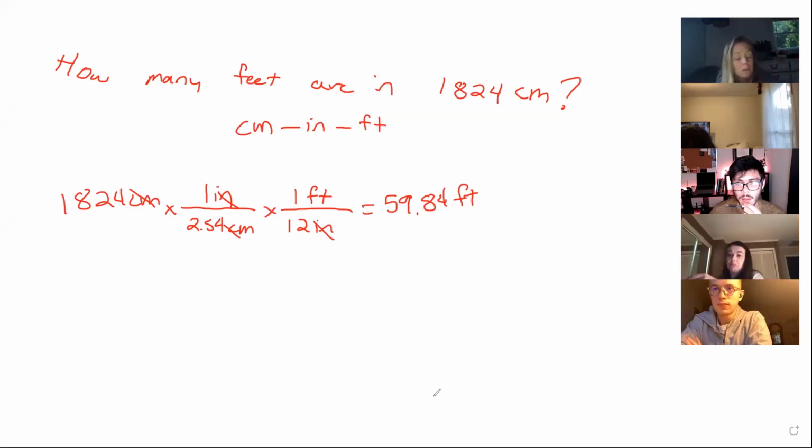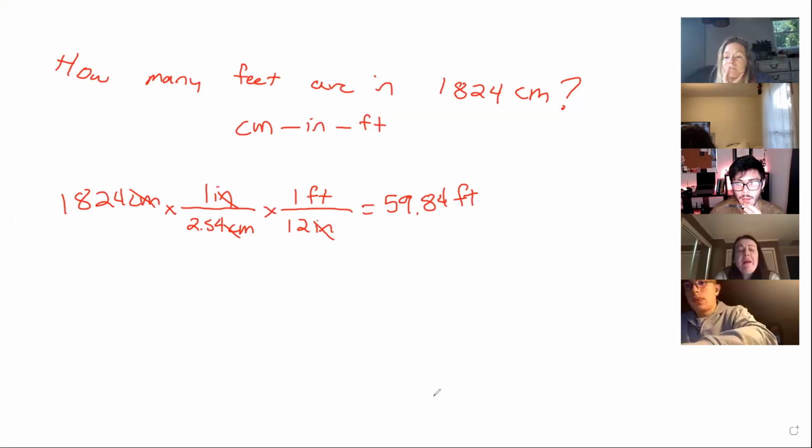Other people have a question about that same problem? What's up? So would it be possible, you said that you took 1824 and then divided it by 2.54 and then divided it again by 12. Could I multiply the bottom, the 2.54 times 12, and then divide it into 1824?